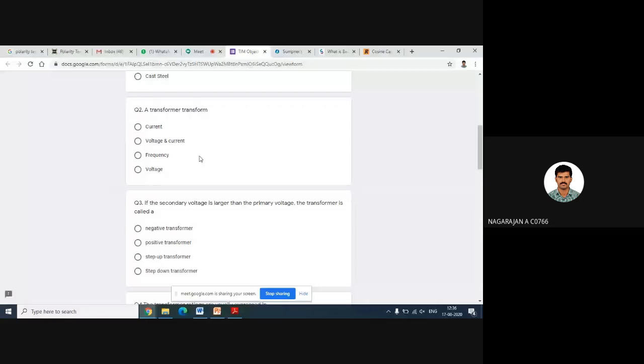The next question: a transformer changes voltage alone, or voltage and frequency, or current alone. The third option is wrong. Frequency: obviously, a transformer does not change frequency. I told you that in the first class itself. The input and output frequency remains constant.